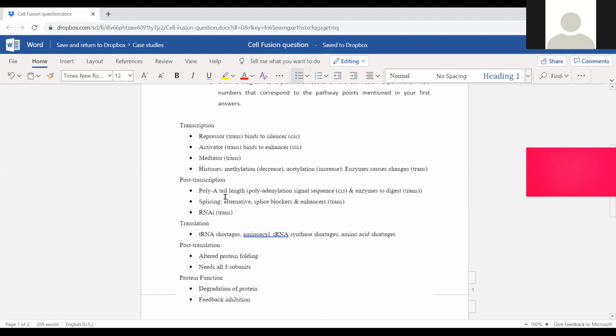And pretty much anything from this area forward is going to be trans-acting, because you can move the protein around, or you can move the RNA around, so it can move to whatever needs to happen. All right, everybody okay so far?